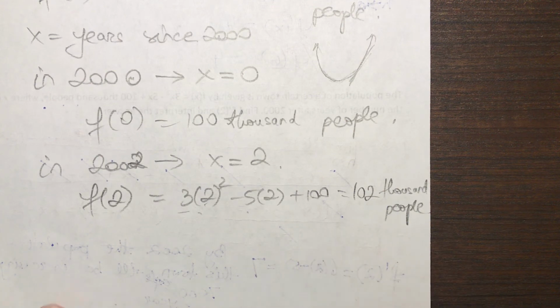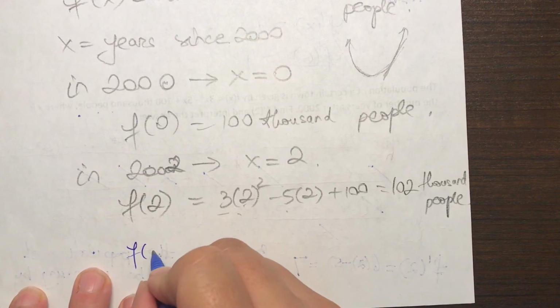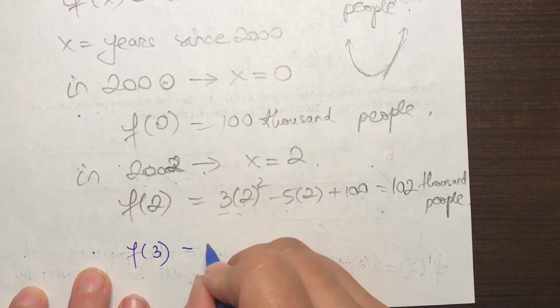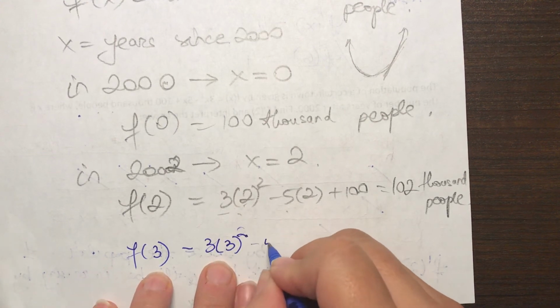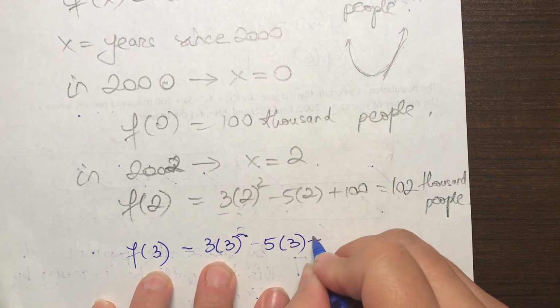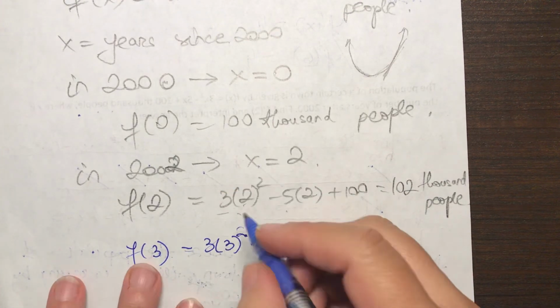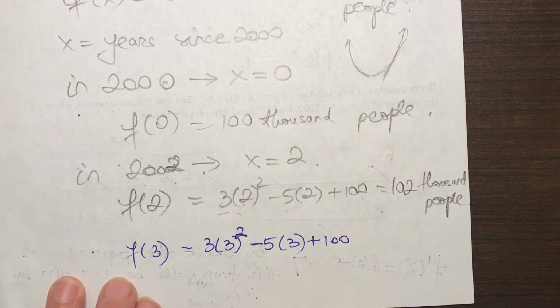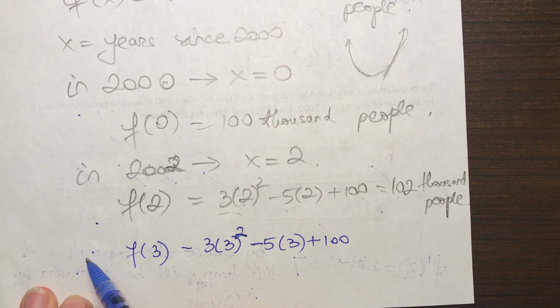It's telling you where it's heading. So we might as well look at what happens a year later, by 2003. So it's 3 times 3 squared minus 5 times 3 plus 100. Again, that's just an approximation, right? What is really happening from one to the next is not necessarily what happens at the point itself, right?